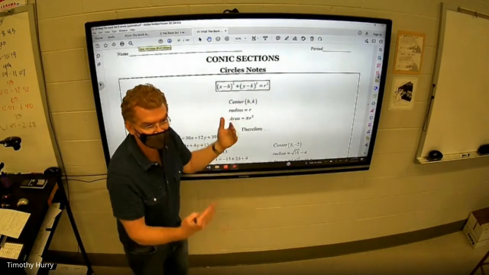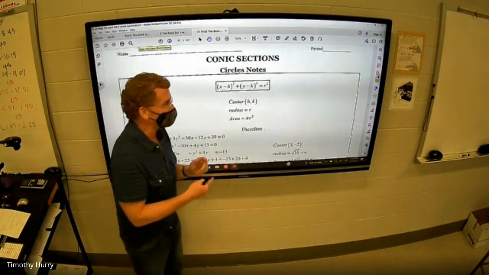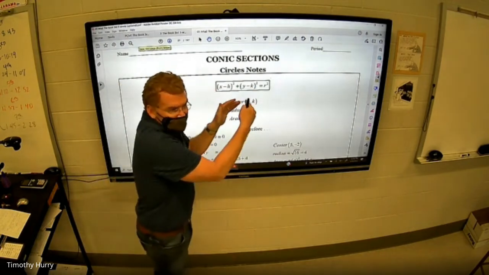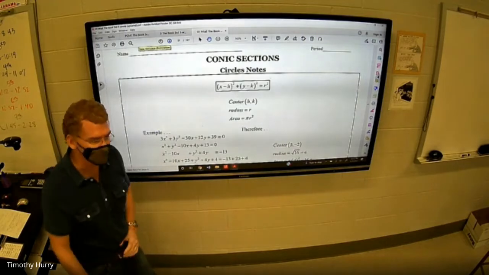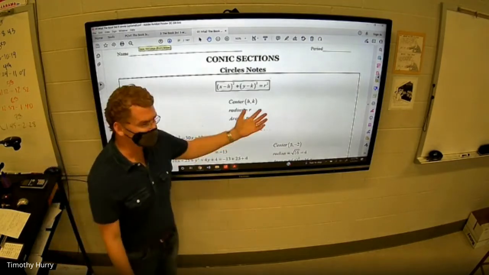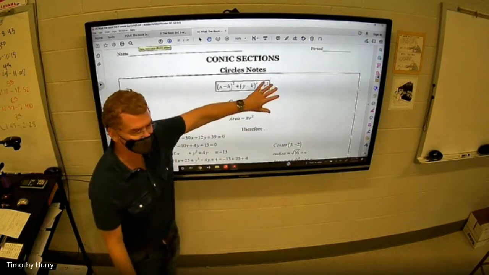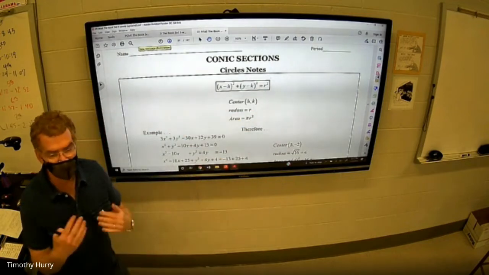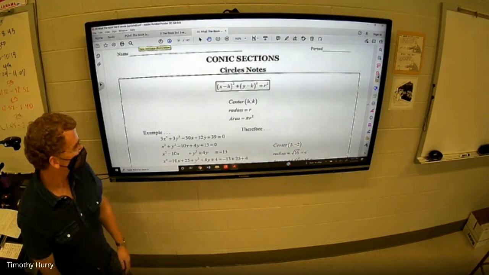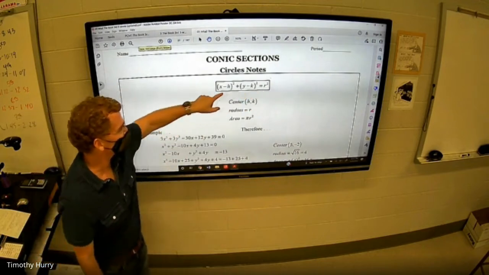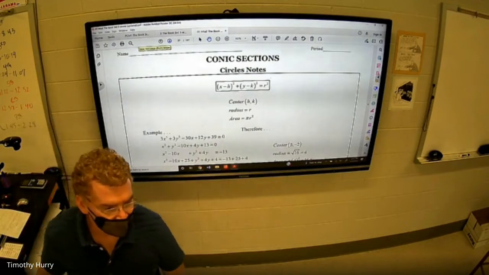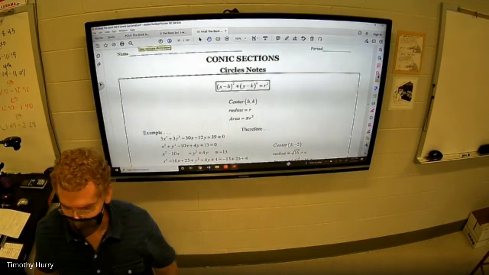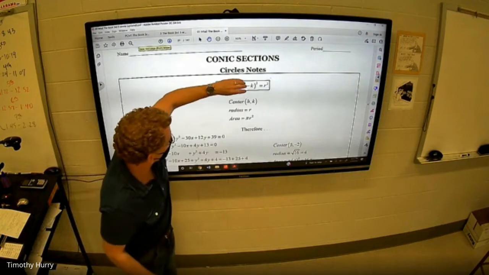Now you do have to change the signs when you come out, kind of like you did with the vertex, because it's x minus h. And then you already know area is pi r squared. You know pretty much everything you need to know about graphing a circle. I mean, there's a formula for a circle, and it's basically the Pythagorean theorem, except with variables in different places. There's your a squared, b squared, c squared.